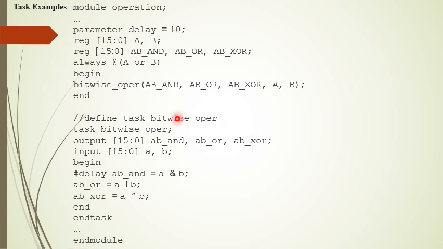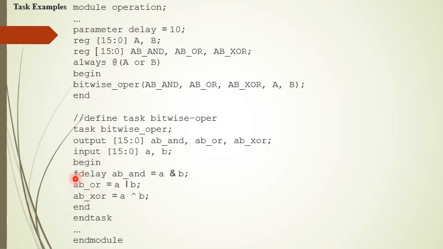So the first argument will be mapped to the first argument here, the second argument to the second one, and so on. After the third, 4 and 5 are inputs. So I have declared the next two arguments as inputs, which are 16-bit wide, A comma B. Now the functionality should be put between begin and end.